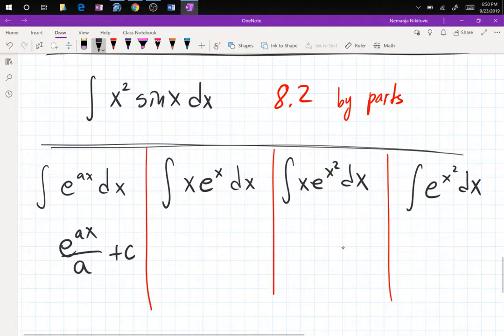Now, you look at the next one, and you go, oh, okay, I still have e to the x, but now there's an x in front. Can you do u sub? And the answer is no, because if you say e to the x equals u, then you need another e to the x, because the derivative of e to the x is e to the x.